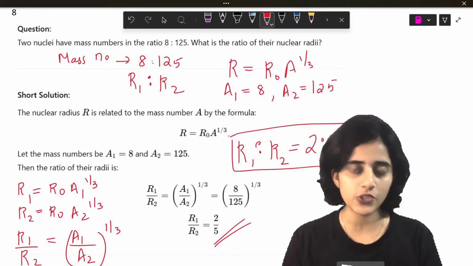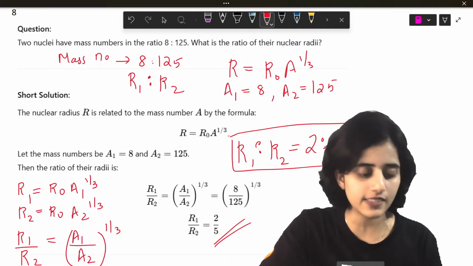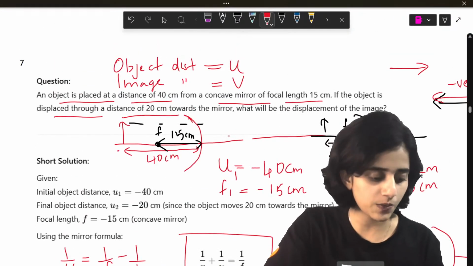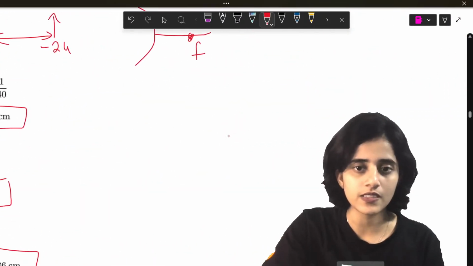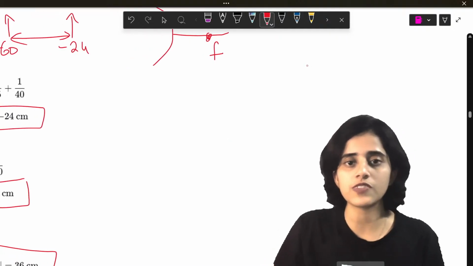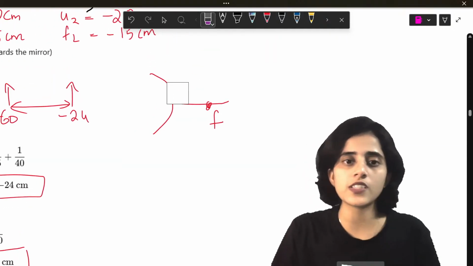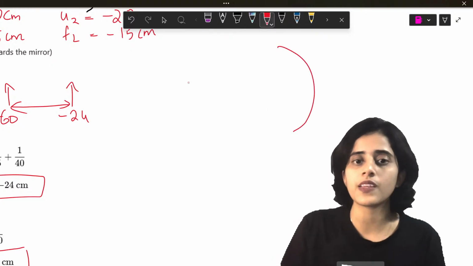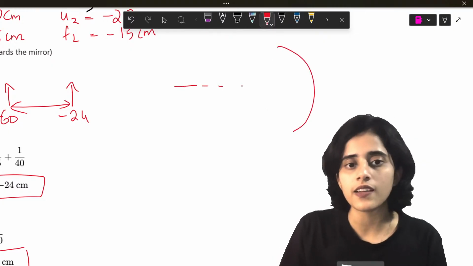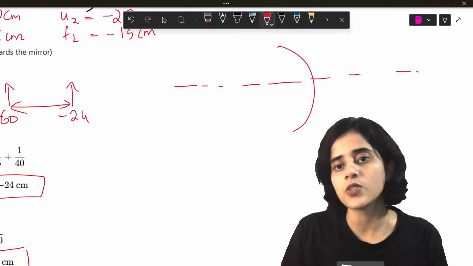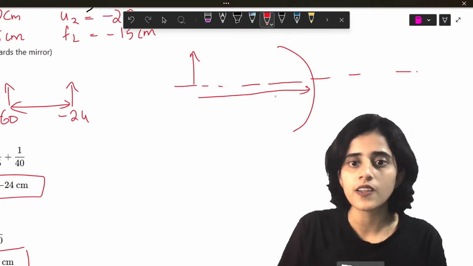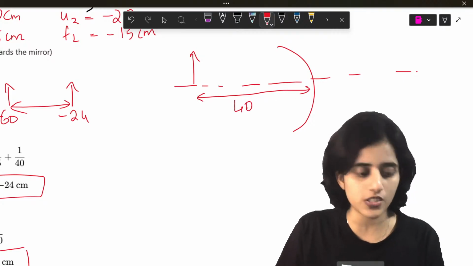Which question, Praju, do you want me to explain again? The optics question? See, Praju, it's very easy. There is a mirror, and this mirror has an axis. 40 centimeter in front of the mirror, I have an object.